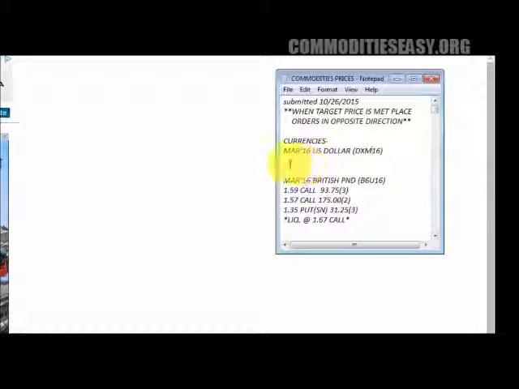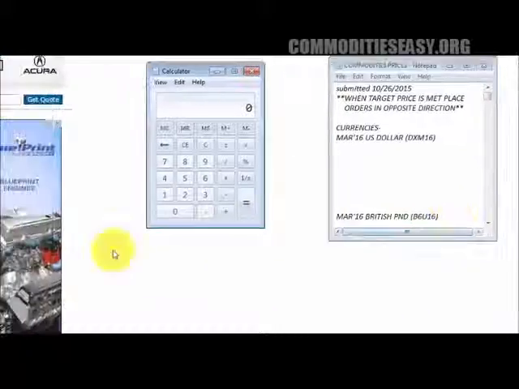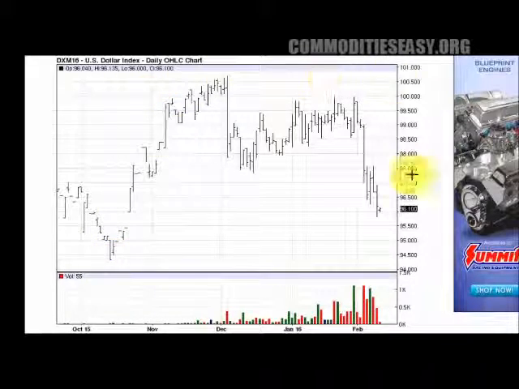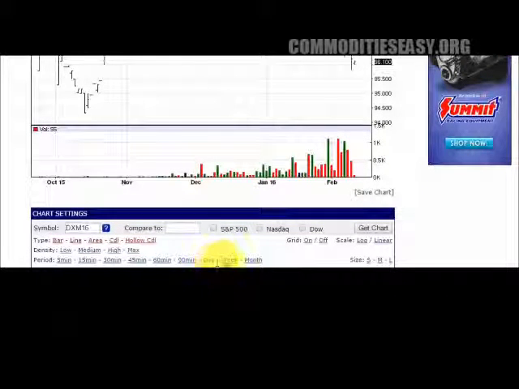All right, so we want to give it a little room. We're going to be doing a lot of tabulating and calculating. Now, what you want to do is get your calculator and figure out the lowest point on the chart. This is your daily chart, which we'll be dealing with right here.